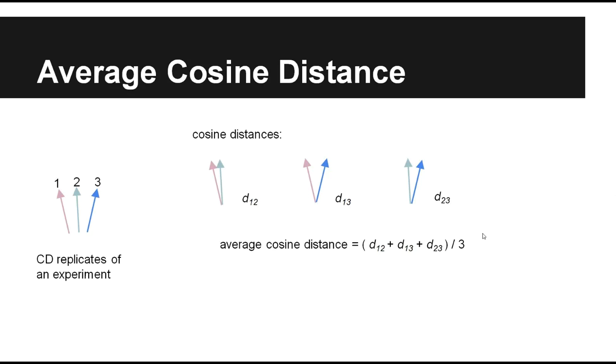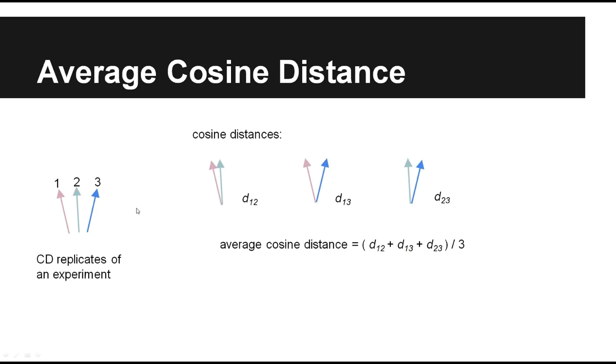So we expect that if the experiment is not very different from control, these 3 directions will be totally random. The angle between each 2 of them will be large, so the average cosine distance will be large.